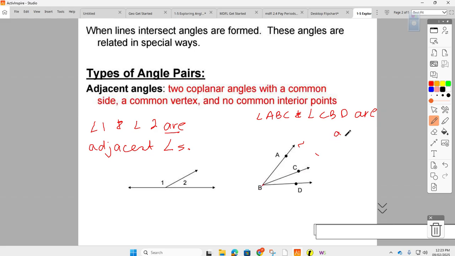They are adjacent angles. Now that big angle ABD is not an adjacent angle with either of these two because either one of them would include an interior point, a point that's inside of the big angle, right? The ABD is not an adjacent angle to the other two. Does that make sense? Okay. Questions on that? Okay.